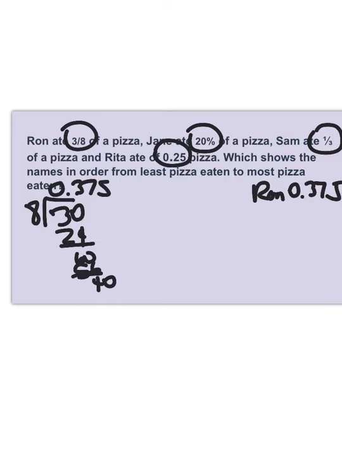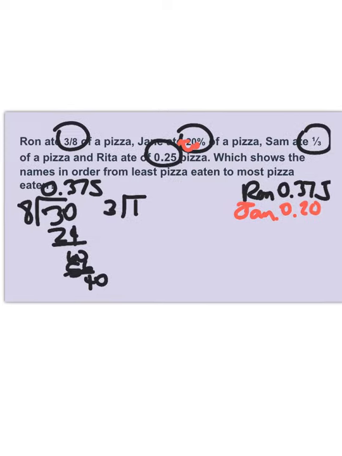Okay, 20%, I can go ahead and use Dr. Pepper, and I'll change colors where you can see the movement. 1, 2. So Jane ate 20%. Sam ate 1/3, and again, I'm not sure what that is. Some of you may. 1/3 is actually 0.33, but we can prove that by doing the division. 1 divided by 3 is 0.